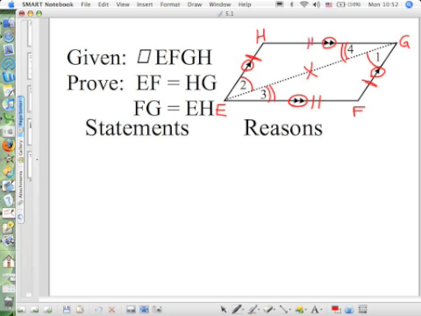HG. And so through theorems and definitions and postulates that we have already proven, we have now proven another one. That automatically, if you know you have a parallelogram, then you know that opposite sides are congruent to each other.